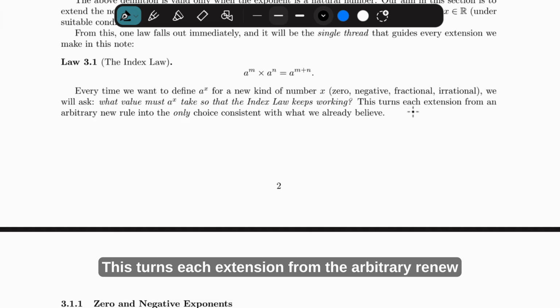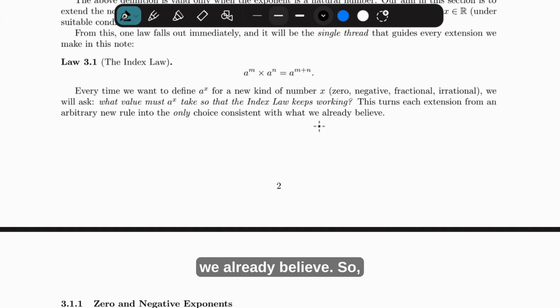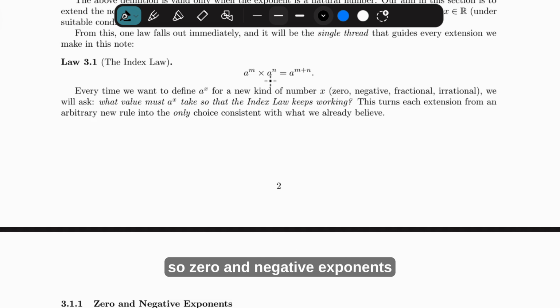This turns each extension from an arbitrary new rule into the only choice consistent with what we already believe. So we are extending our notion of exponentiation. Actually, it's not quite generalizing; we are just extending our definition.